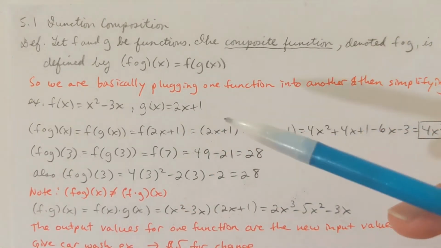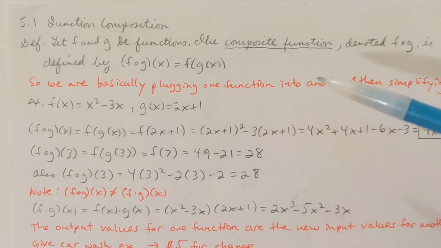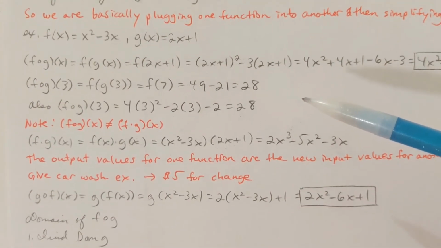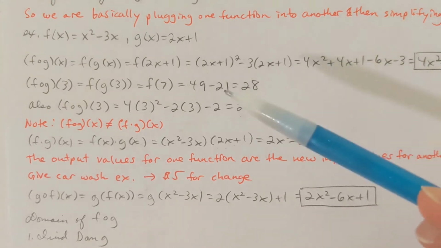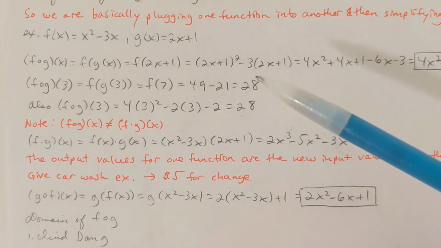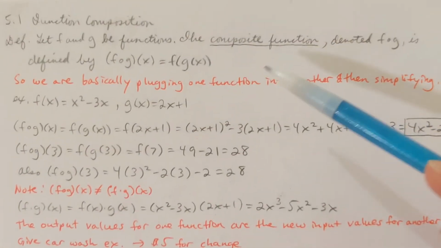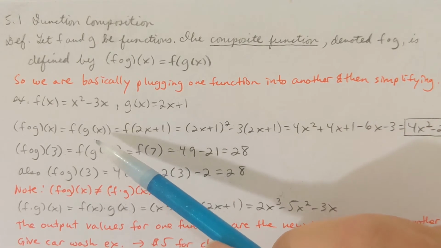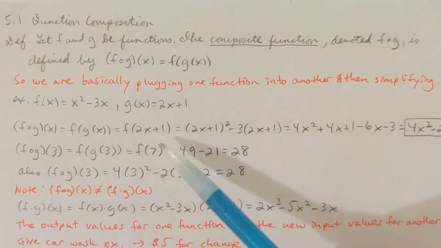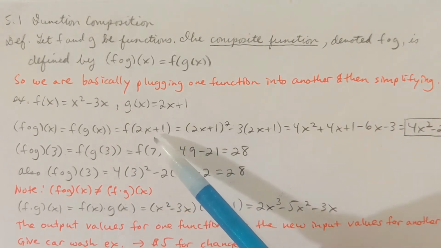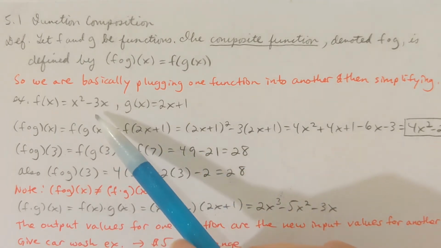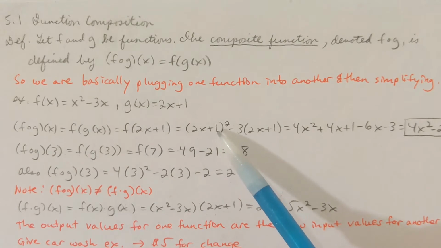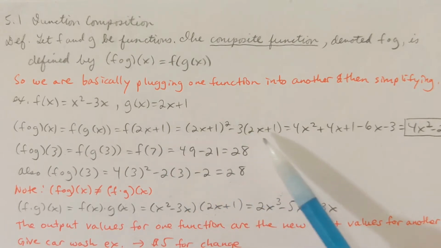So for example, suppose f of x is x squared minus 3x and g of x is 2x plus 1. F compose g of x. By definition, that means I'm computing f of g of x. G of x is 2x plus 1, so I need to replace x with g of x: 2x plus 1 squared minus 3 times 2x plus 1.